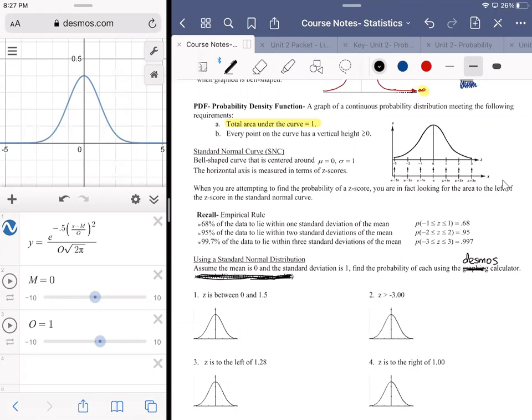Right, and I'll talk to you about what it'll look like for real on this display. Right, so there is a tool built in to the Desmos calculator that evaluates probabilities in the standard normal curve for us, which is great news.